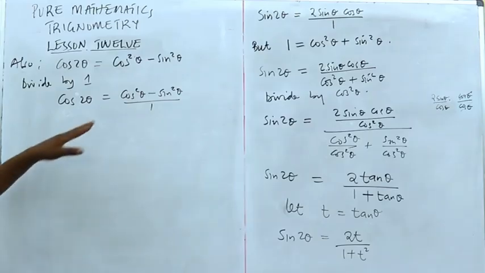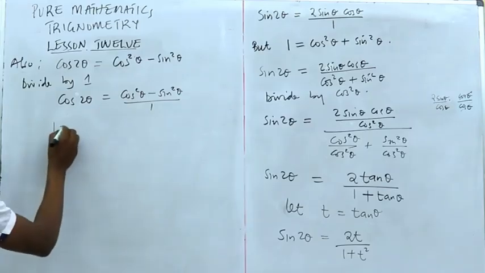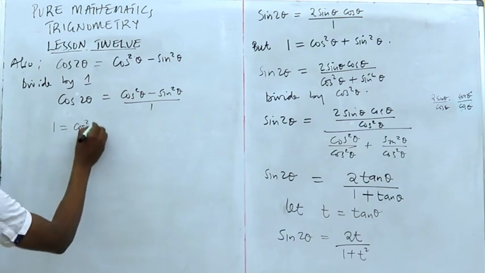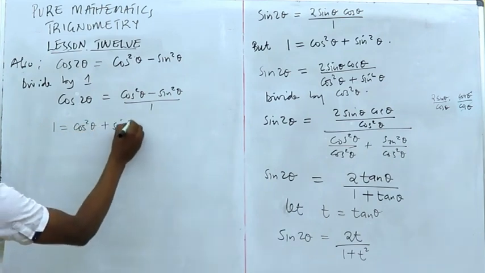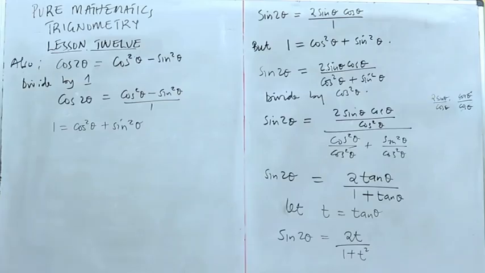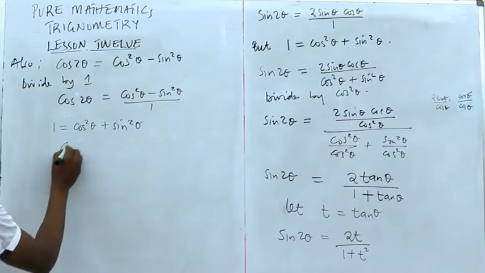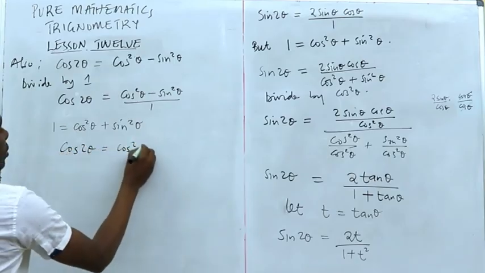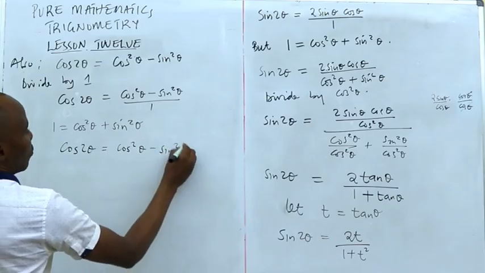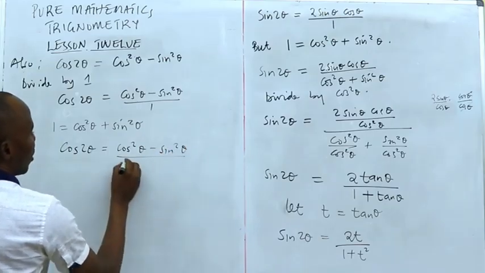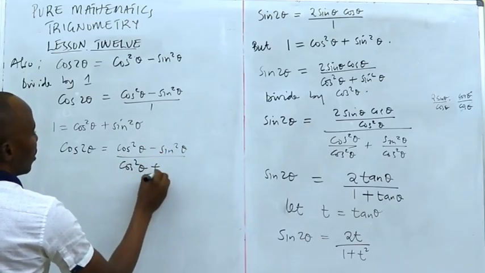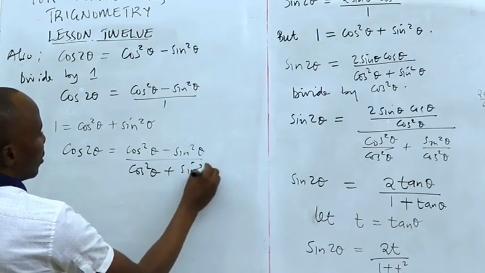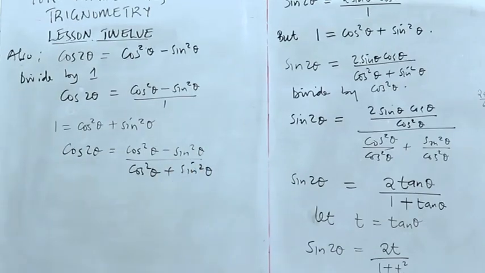Okay? But we said that this 1 in trigonometry stands for cos squared theta plus sine squared theta. So cos 2 theta is cos squared theta minus sine squared theta over cos squared theta plus sine squared theta.